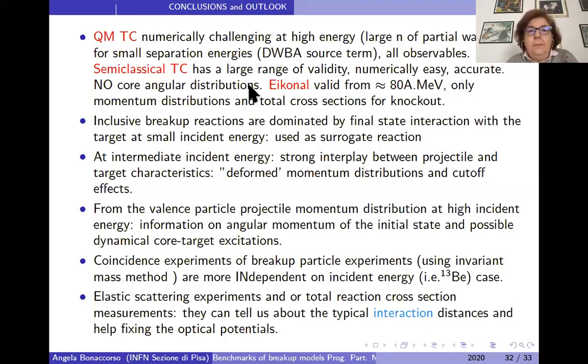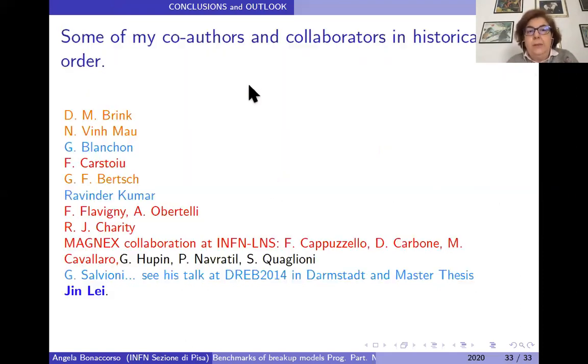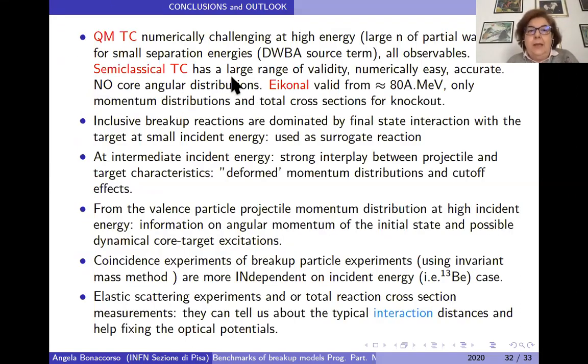Semi-classical can be used, my semi-classical model, in many cases to discuss low energy resonances. It can use S matrices that come from other models. It seems to be accurate.